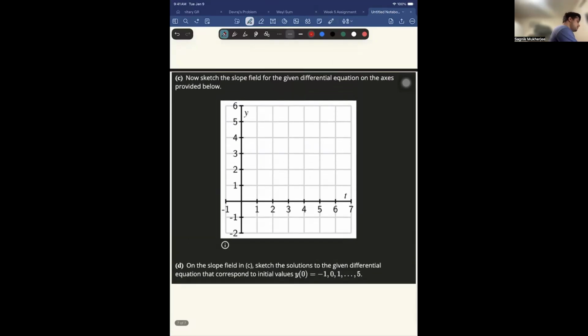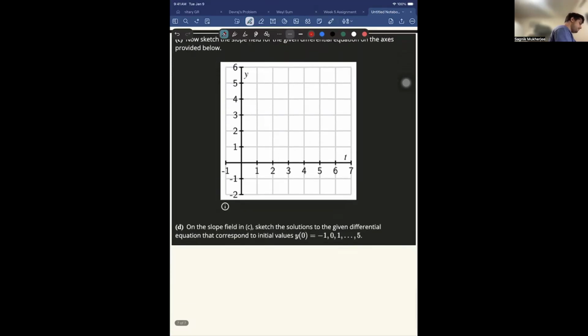Recall that the differential equation is dy/dt equals... Okay, how do you draw the slope field of this curve?